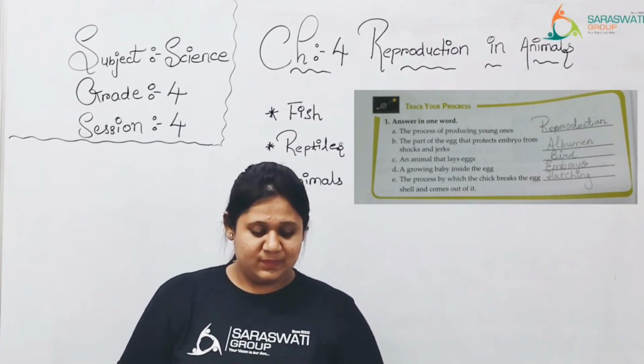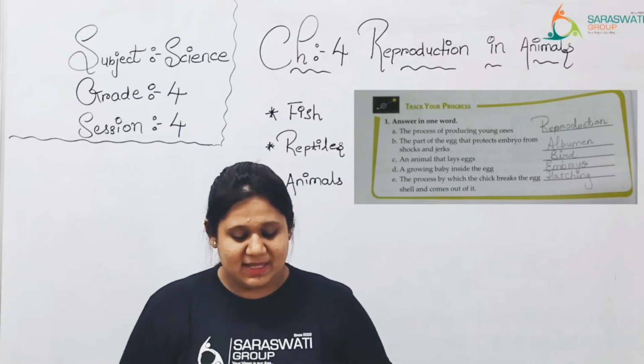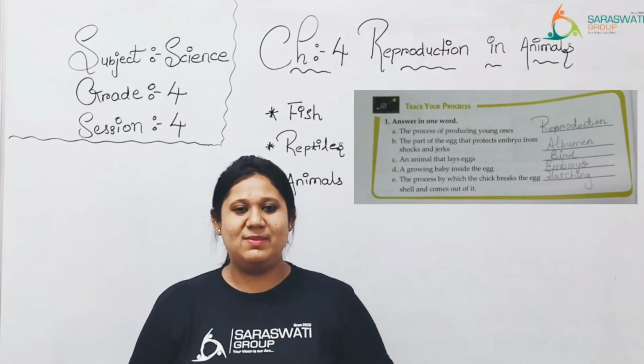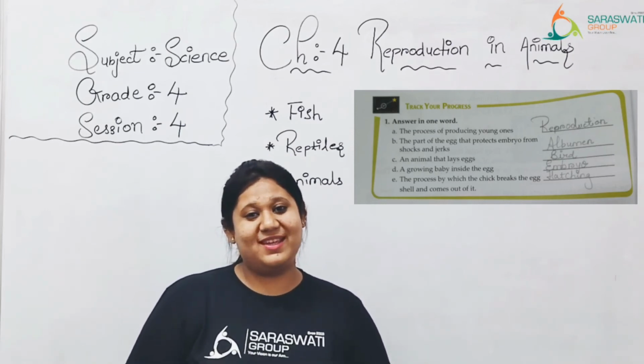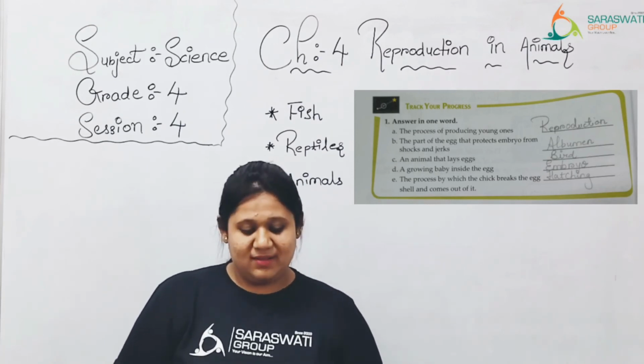Right? Now next, B. A growing baby inside the egg. What we are going to call it? A growing baby? Yes, embryo. Embryo is the correct answer. Now, last one.